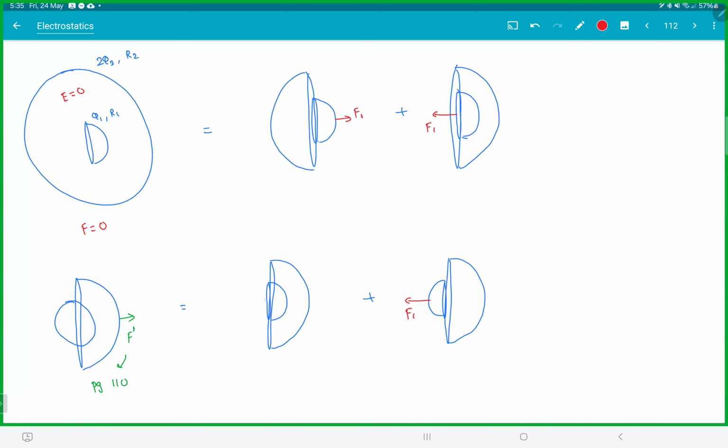And if you look at this, you're finding the force on that. This would be F1. This also would be F1. Agreed? Because these two are looking the same.